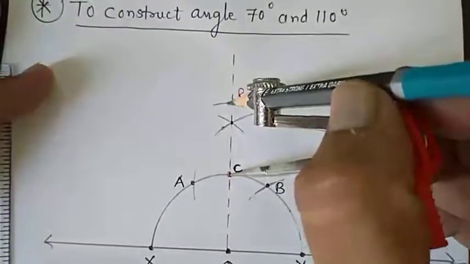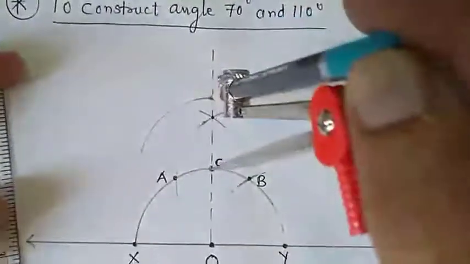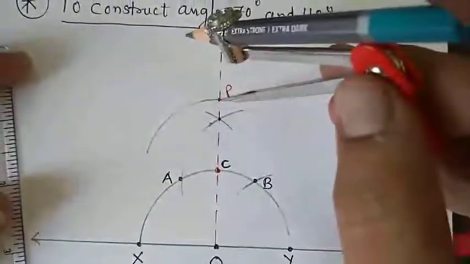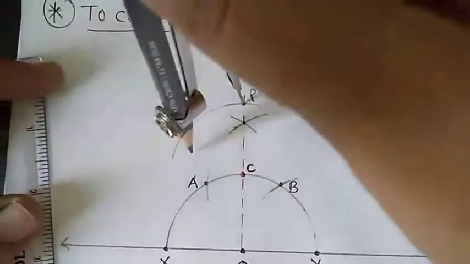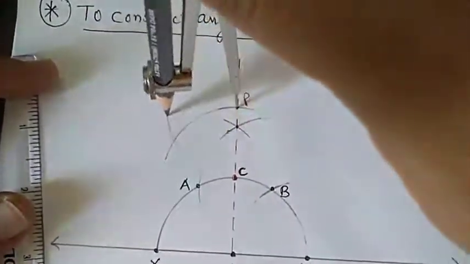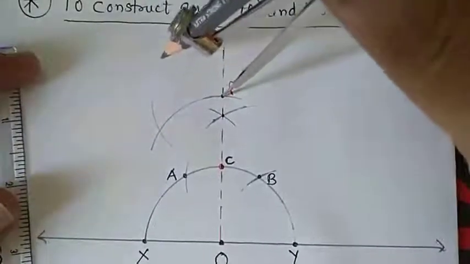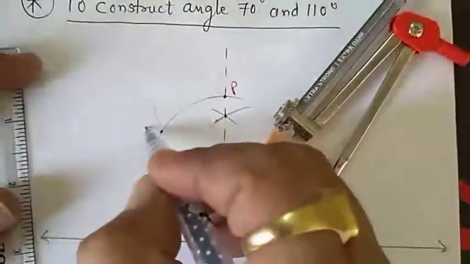So here I will draw a semicircle. I am drawing the angle this side. And from P point I will intersect this one. Clear? And name this intersecting point as Q.